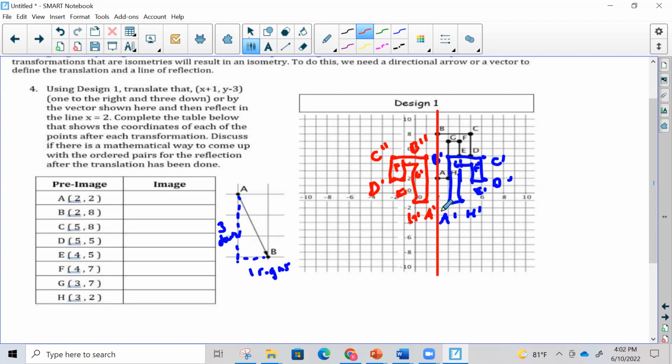And then I'm going to write these points down. So A double prime is at 1, -1. H is at 0, -1. Some of these are hard to tell just because of all the drawings. B is at 1, 5. C is at -2, 5.